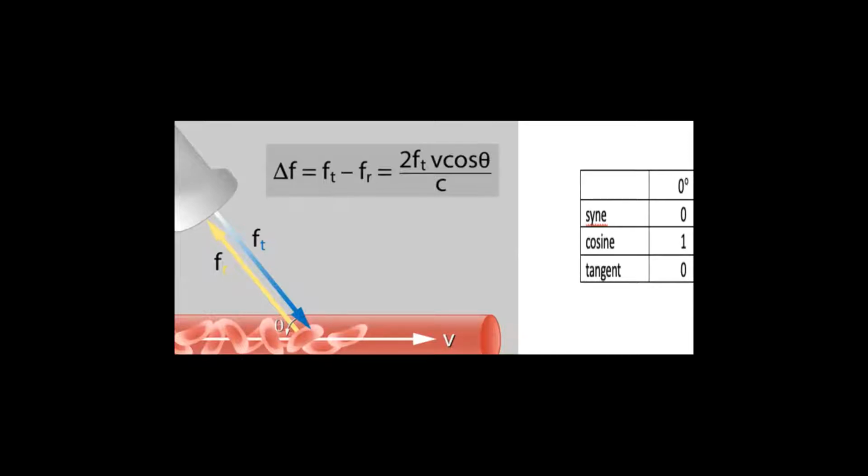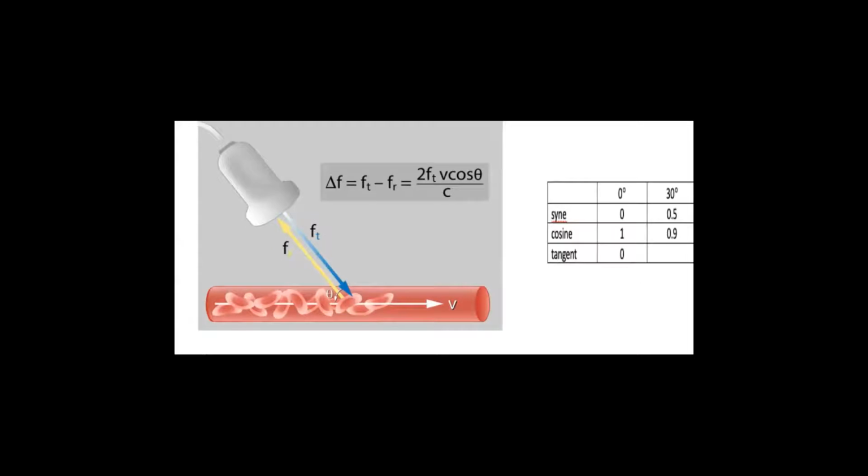Okay? How can I achieve this 0 angle between the beam and the jet? How can I do that? Any idea?